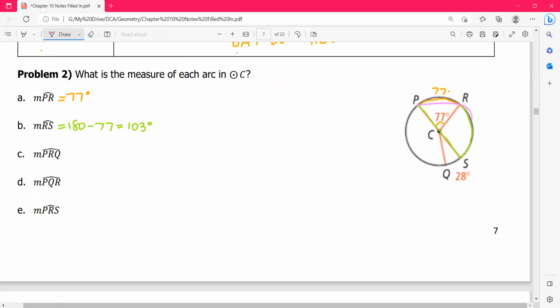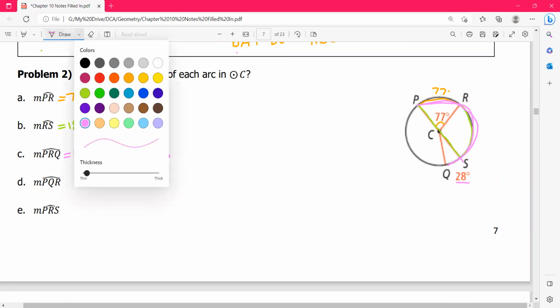PRQ, well, I know I've got a diameter here, right? So I'm just going to add the 28 to it. Diameter is 120 plus 28 gives me 208 degrees.